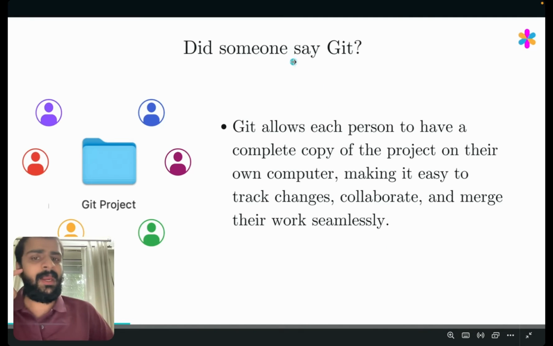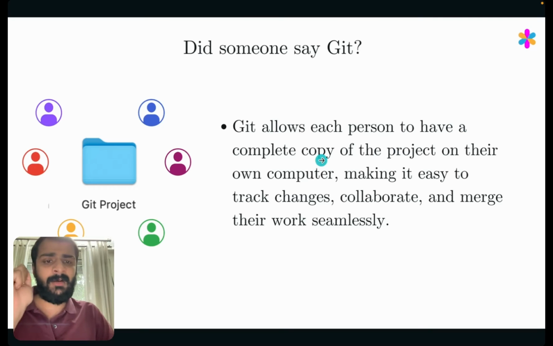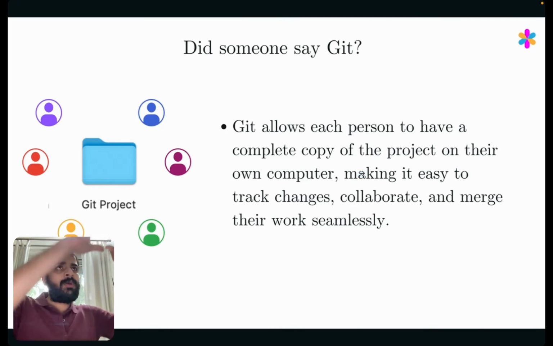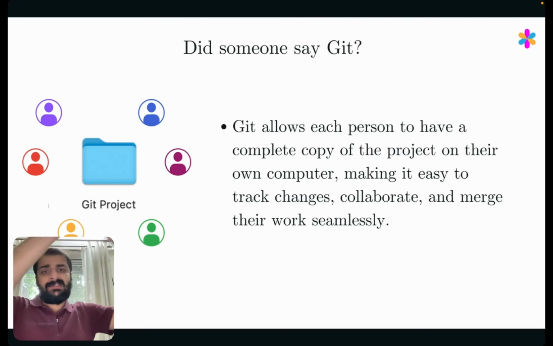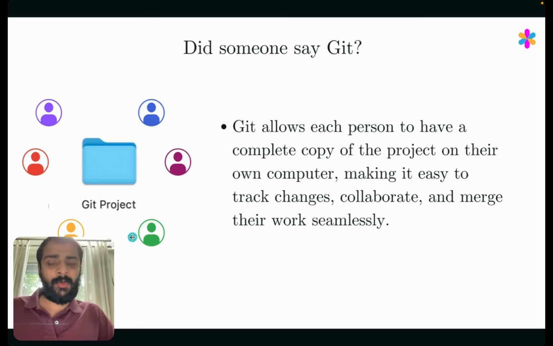This is where Git and GitHub really come into the picture. Git allows every person to have a complete copy of the project on their own computer. So there is one main copy which exists, and then everyone has a copy of their project on their own computer. Here I've shown six people. Six people at any given time can have the copy of the latest version of the book on their computer.